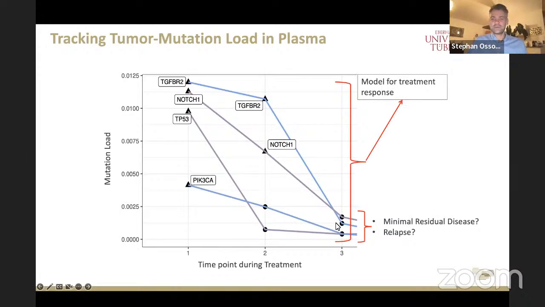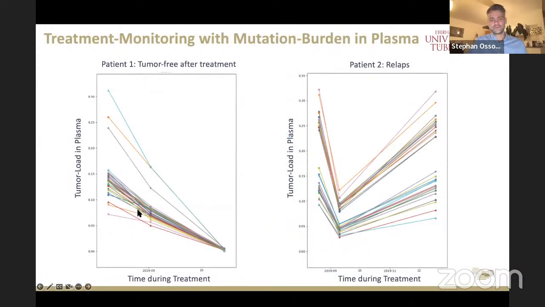And we can also make methods that check at the end of treatment if the patient still has a tumor load. So we call that minimal residual disease. Or we could also continue to track the patient with liquid biopsy and see when there's a relapse. So many methods possible.